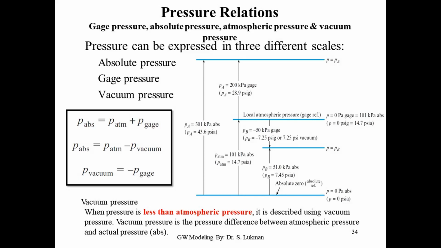Now, let's see how to relate all this together. This is the same famous diagram that you know: pressure relations, piezometric head, pressure head, HGL and even EGL. You have water flowing. You have the elevation head, the pressure head, the height to which water rises within a piezometer, and then the velocity head.